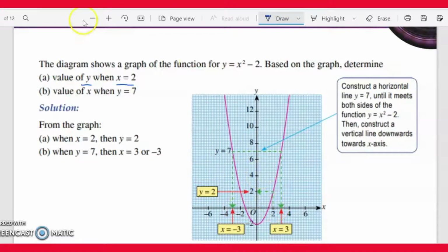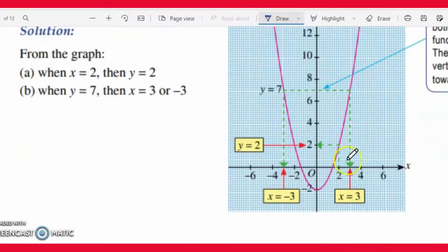As you can see, the dashed green line. We look at the x-axis, x equal to 2, and then we move the dashed line until we touch the graph, and we look at the y-axis. So the answer is y equal to 2.